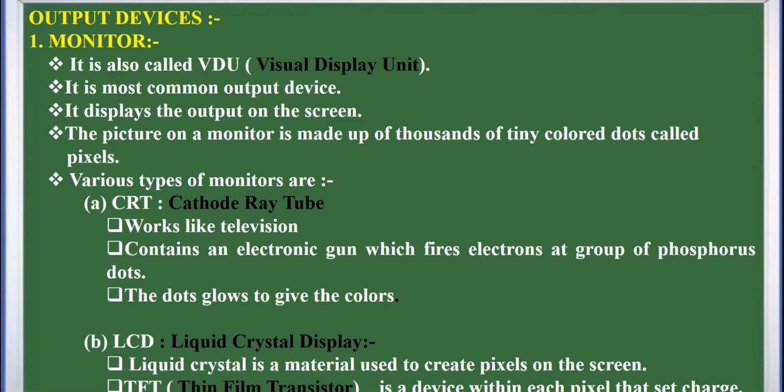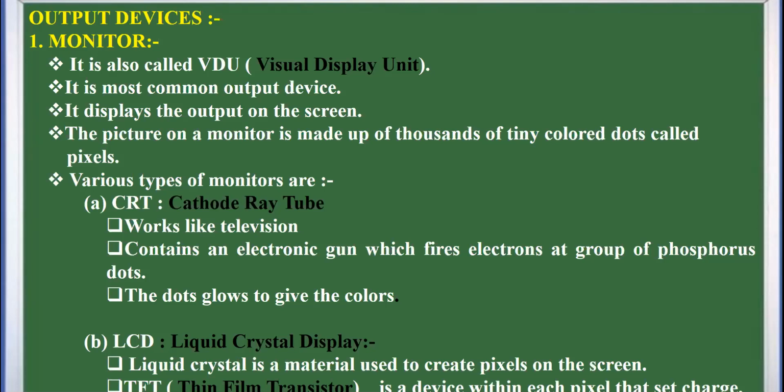And the picture that you see on the monitor, that picture is made up of thousands of tiny colored dots. And each dot is known as a pixel. The combination of pixels, when pixels get combined together, that makes the image which you see on the screen.